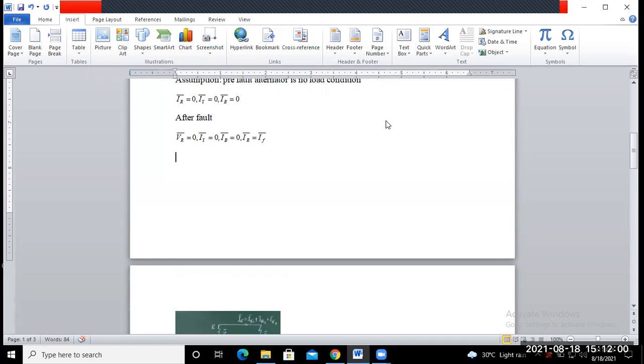Now we can represent the positive, negative and zero sequence currents in matrix form with respect to the phase currents R, Y, B.